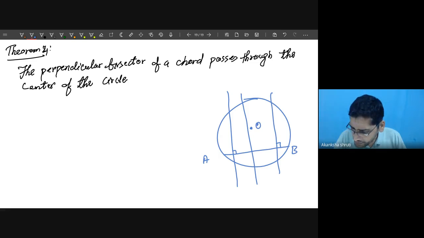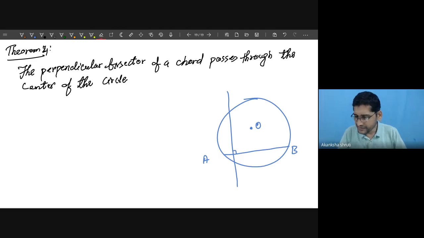But here we are observing that these perpendiculars are not dividing AB into two equal parts. If we take one of the perpendiculars, say this one, which is cutting AB at point M, is AM equal to MB? No. Then though it is perpendicular, it is not the bisector.